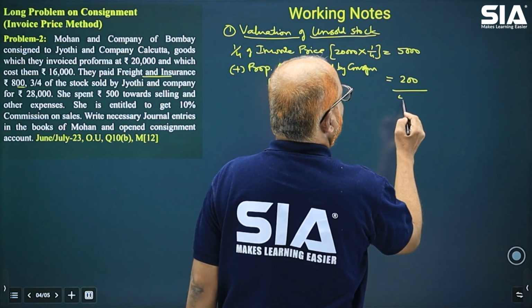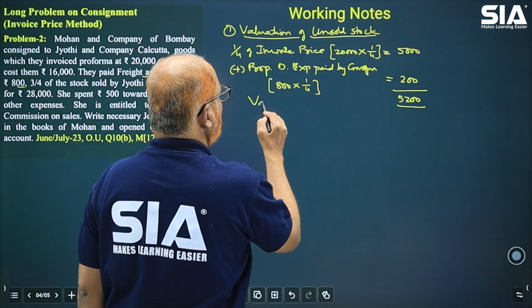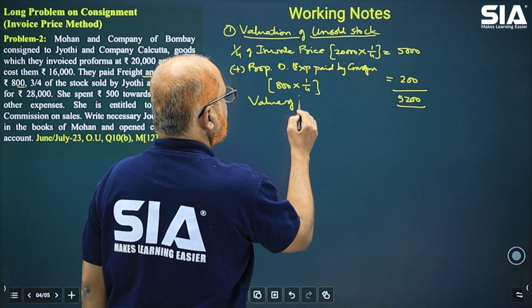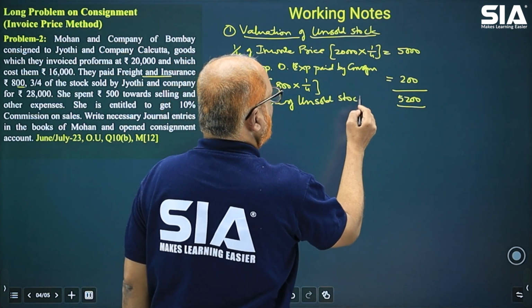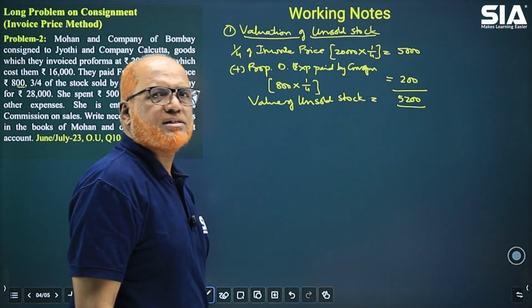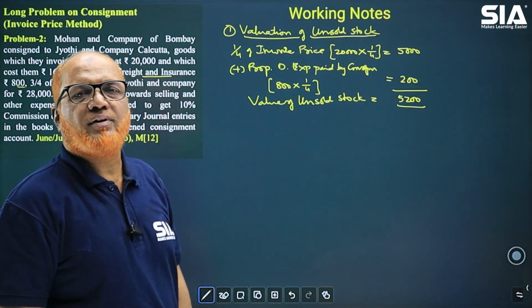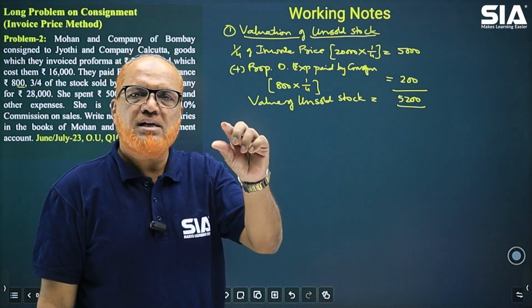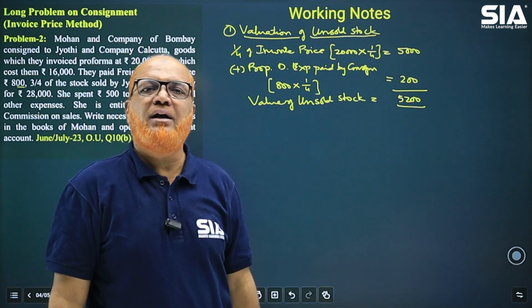So the total is 5,200. This is the value of unsold stock. One calculation is completed. What is the entry for this valuation of unsold stock? Stock on consignment account debit to consignment account.